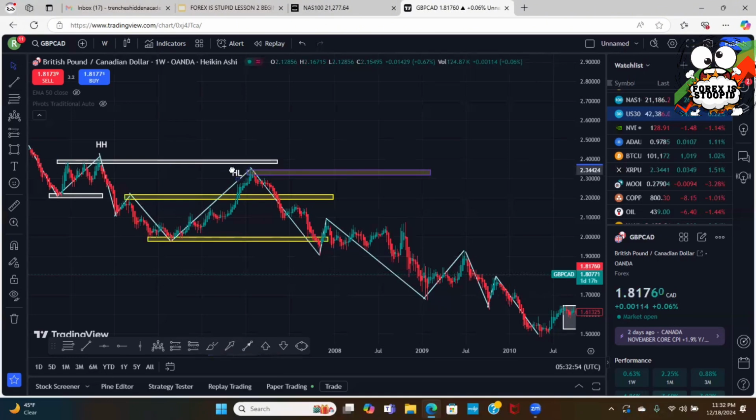Followed by another higher low. Then followed by another higher low. So the highs are creating higher lows.